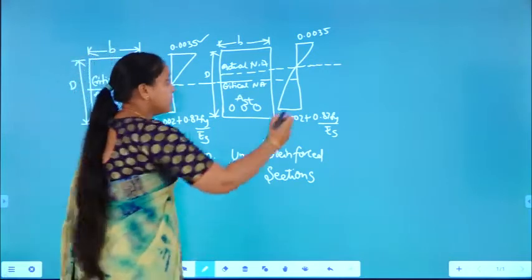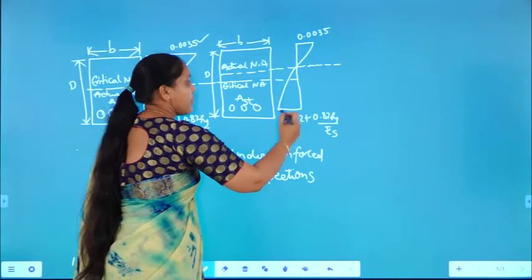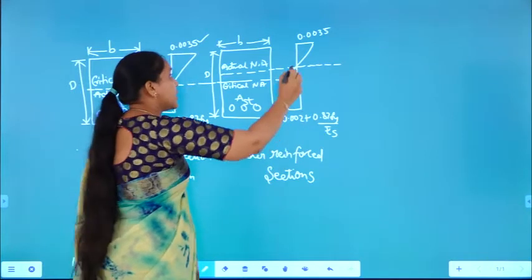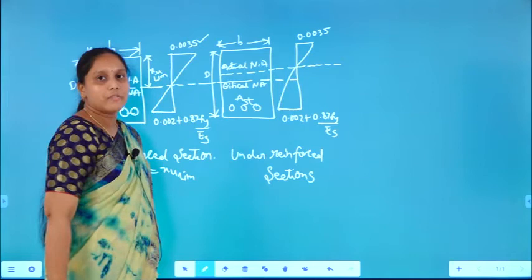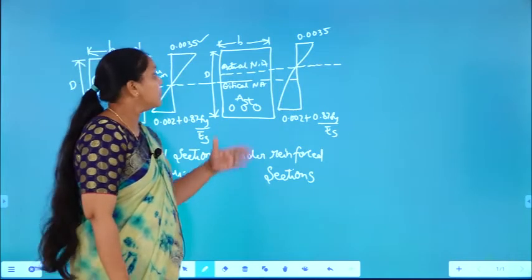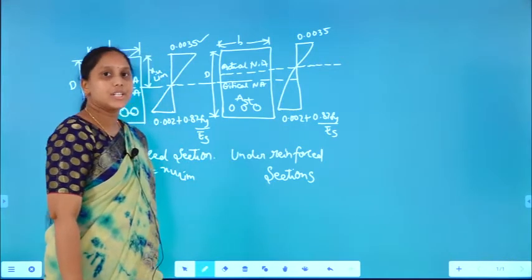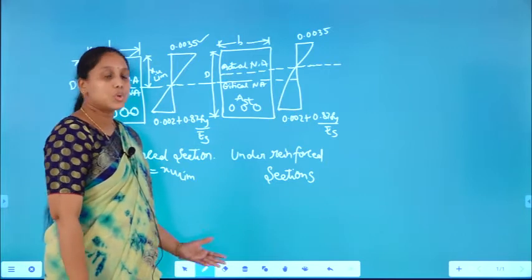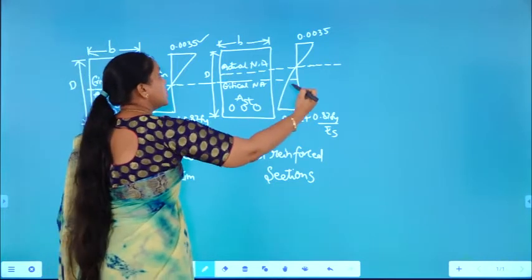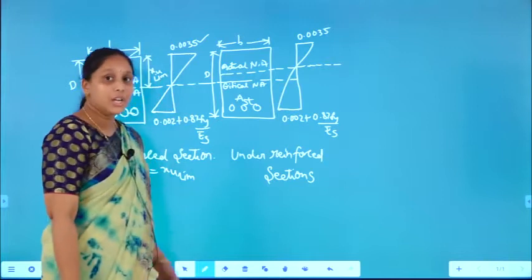The steel is reaching its maximum value first, but the maximum strain value in concrete is not reached. So, the actual neutral axis is shifting upwards.